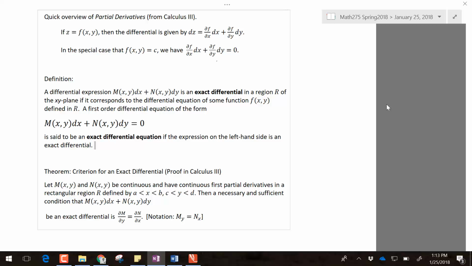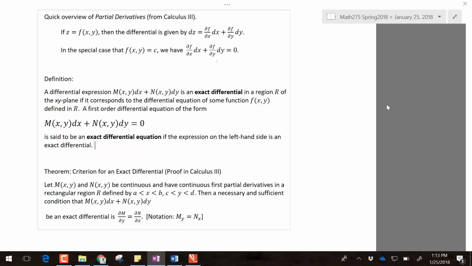For those who have studied Calc 3, there's the idea of mixed partial derivatives. You take the partial with respect to x first and then with respect to y. That's a second order partial derivative. Then you take the derivative with respect to y first and then with respect to x. And it turns out that if you have a nice function, those two things are equal to each other.